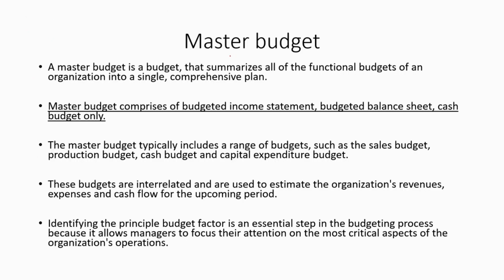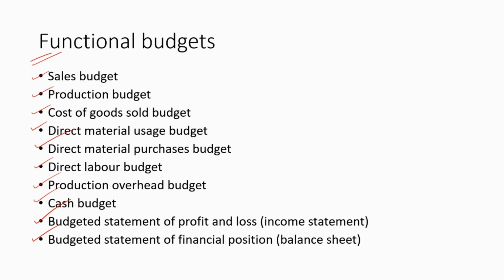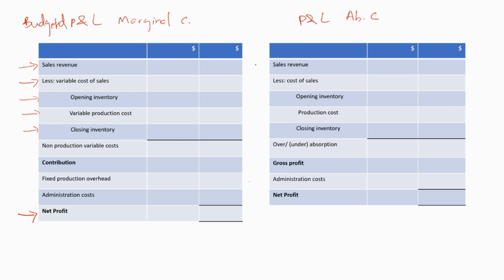Now let's discuss the master budget. A master budget is a budget that summarizes all of the functional budgets of an organization into a single comprehensive plan. This means all of these functional budgets will be summarized in the master budget. As we now know, each of these functional budgets will summarize the net profit for the next period.